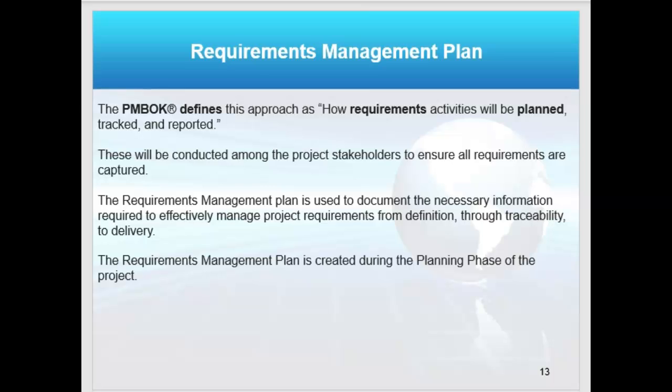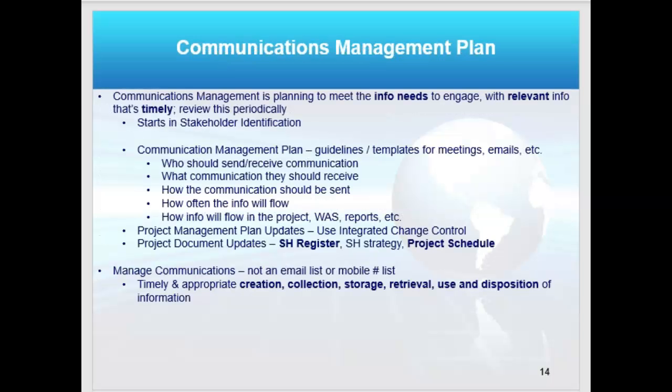And so it's the necessary information that will effectively manage the project requirements, right? And it's conducted amongst all the stakeholders to ensure that the requirements are captured, even training requirements, even transition of your product deliverable requirements, etc.